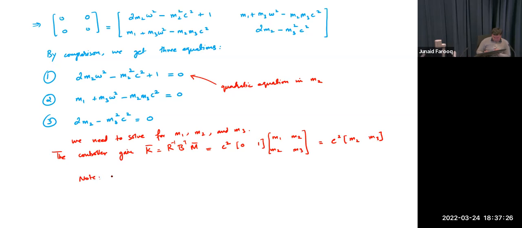Right, so note M1 is not needed to find K bar. So the good thing is you just need two variables. So from equation 1, it's a quadratic equation in terms of M2. So M2 can be solved directly.